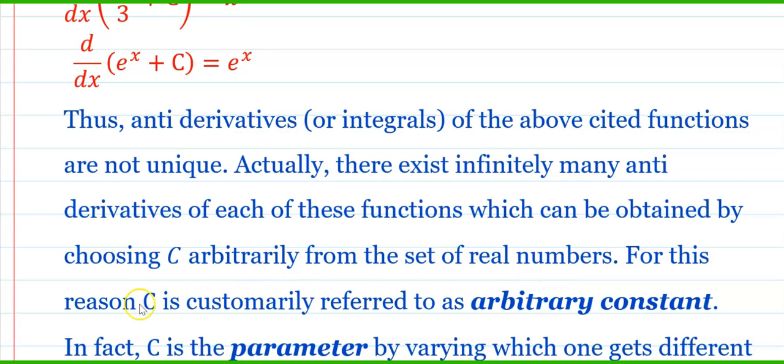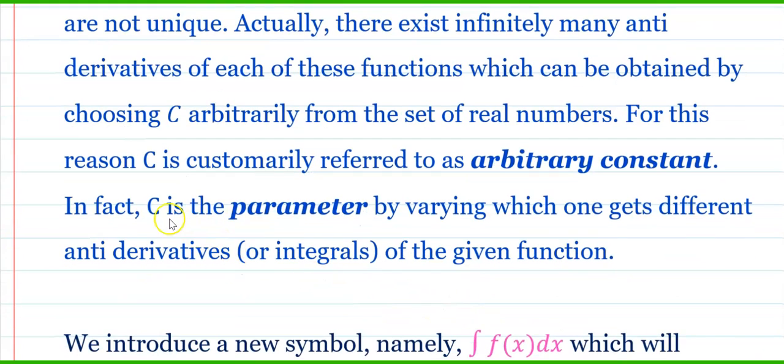For this reason, c is customarily referred to as an arbitrary constant. In fact, c is the parameter by varying which one gets different antiderivatives or integrals of the function.